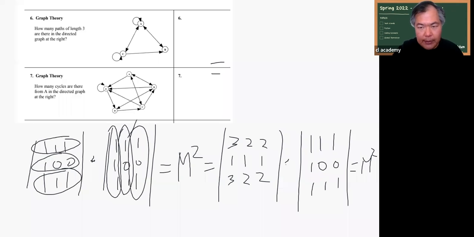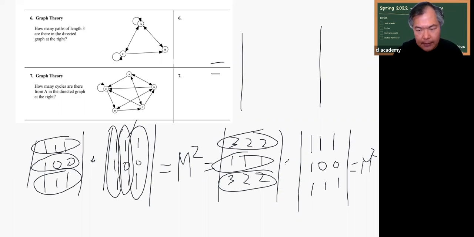So we have the rows and we have the columns. Again, it would be row A times column A, then row B times column A, and then row C times column A. Once you're done with column A, you move to the next column.